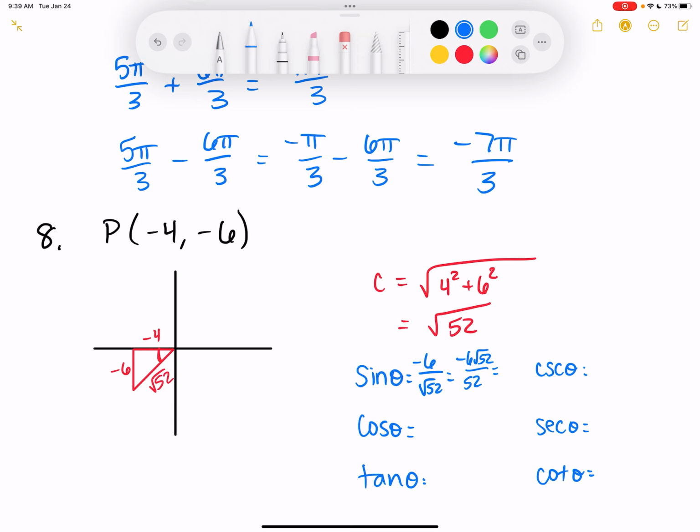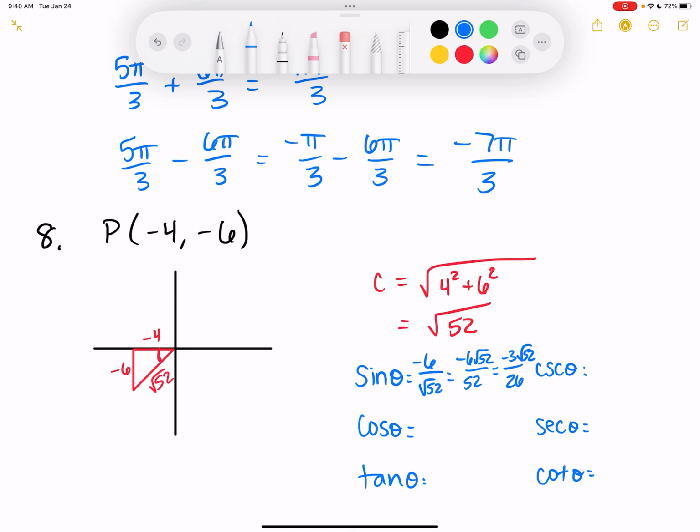You get 26 on the bottom. So negative 3 square root of 52 over 26. And again, you're more than welcome to go right to the negative 6 square root of 52 over 52. I'm just writing it so that if you go back and look, you see where we did.